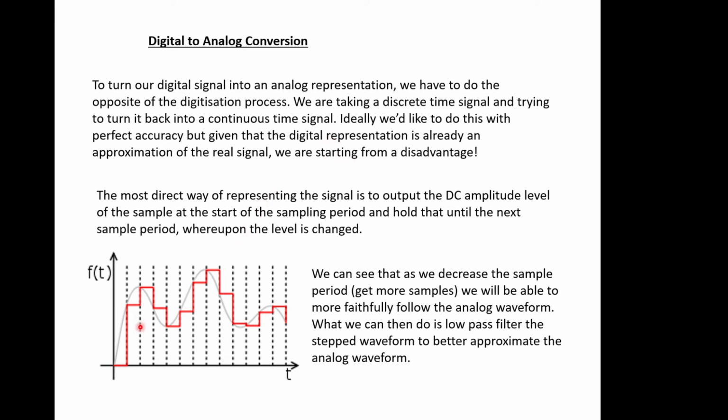So we can sort of see what's going on here. The most direct way is to take our signal, hold that until the next sample period, move to the next sample period and display that, so we end up with a chopped version at the output of our system of what would ideally be the original signal we're interested in. And again, you can see that as we decrease the sample period, i.e. we get a lot more samples in this system, we'll be able to follow this a lot more faithfully.